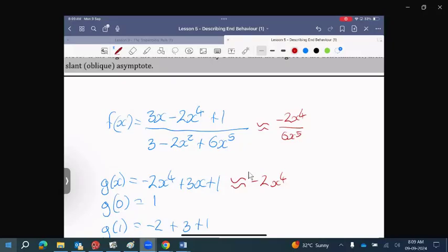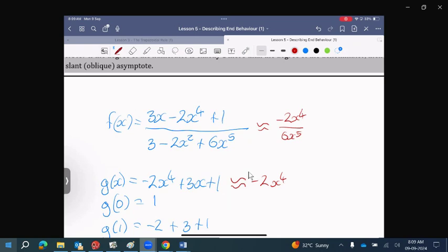So for really large numbers, because the denominators are different, that really large number is much, much bigger. The rational function in the denominator is going to produce a much, much bigger number than the one in the numerator. That to the power of 5, the 6 has no effect in this case.